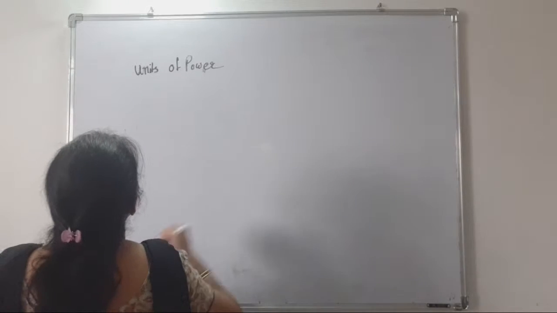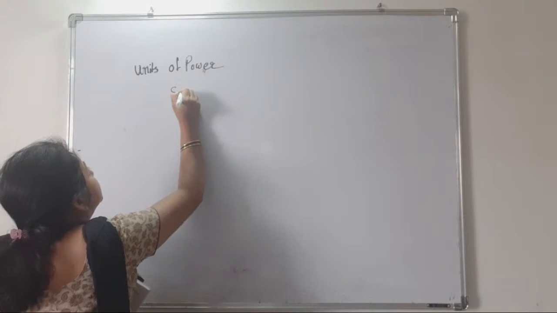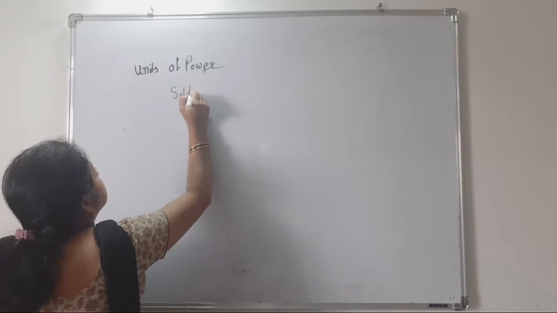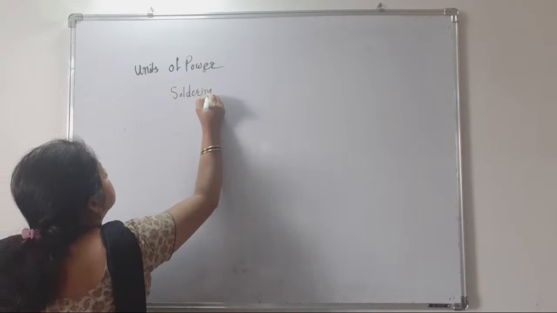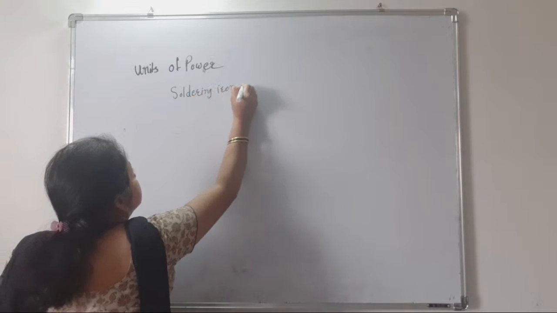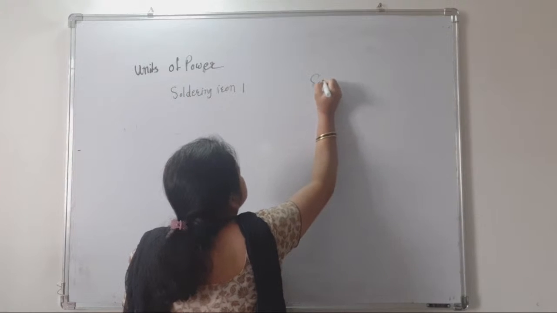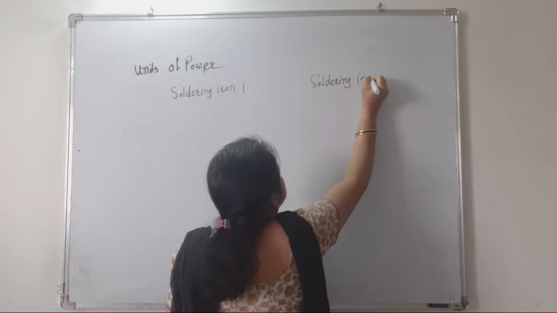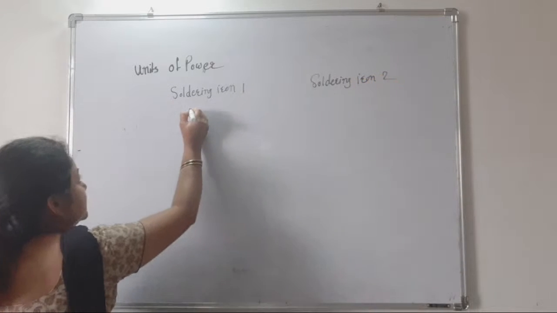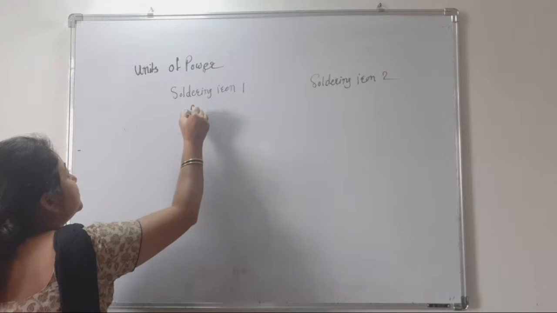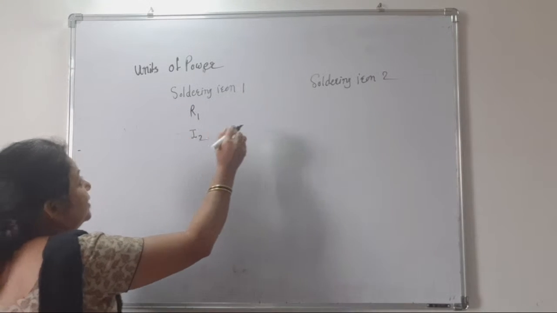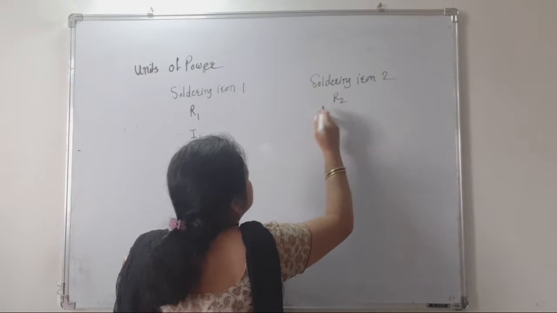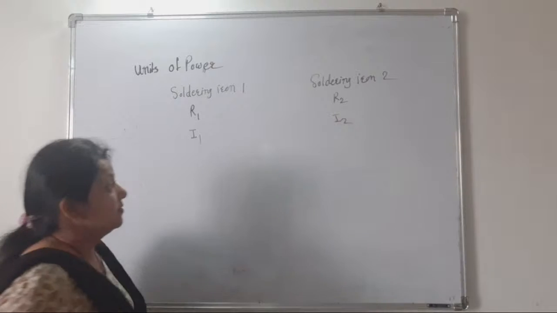There are two soldering irons given. So here current is I1, R1, sorry, and here R2, I2.